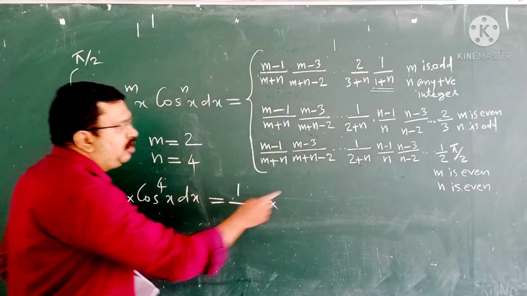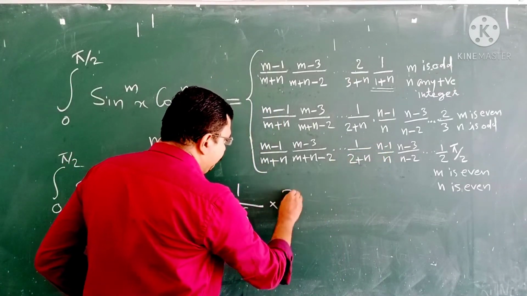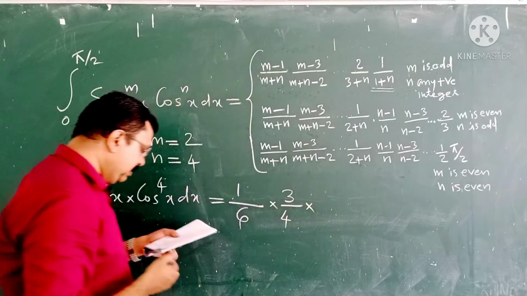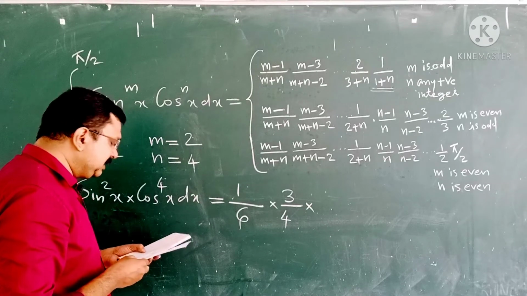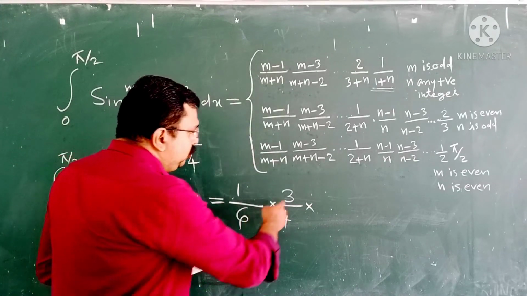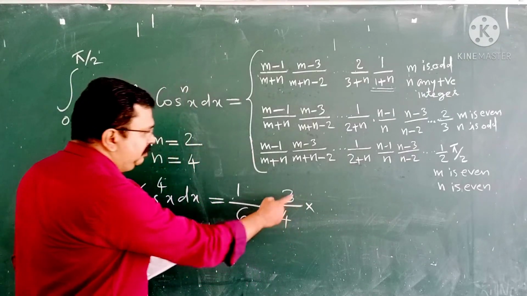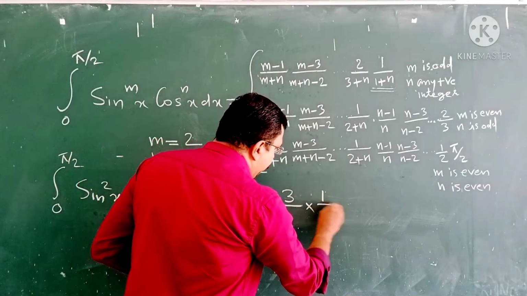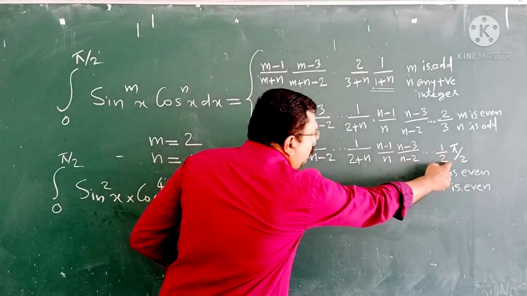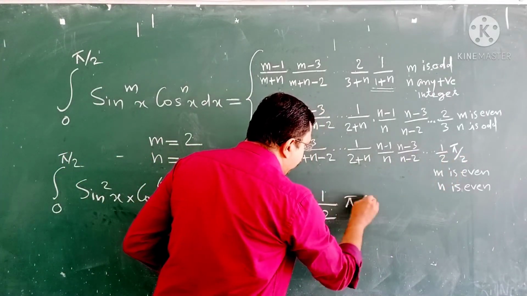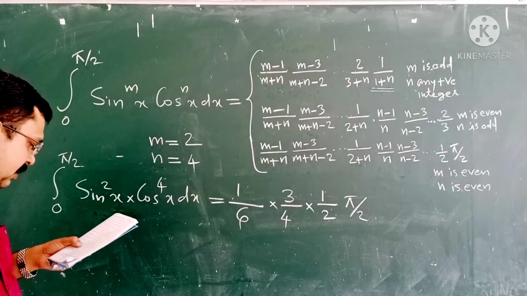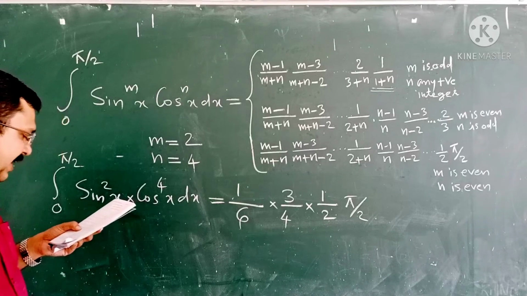N is 4. 4 minus 1, 3 by 4 into, next we may subtract 2 from both sides, then it will become 1 by 2. 1 by 2 into the last term is pi by 2. Okay, pi by 2.